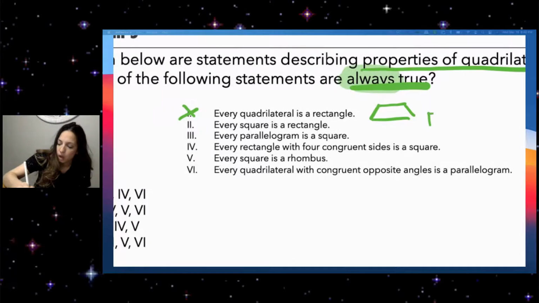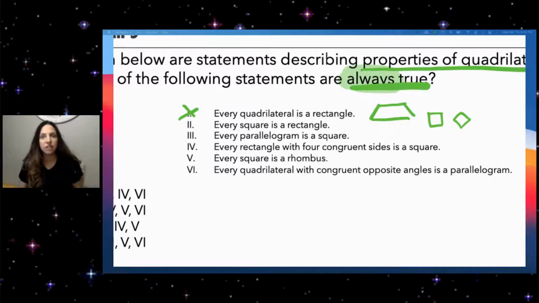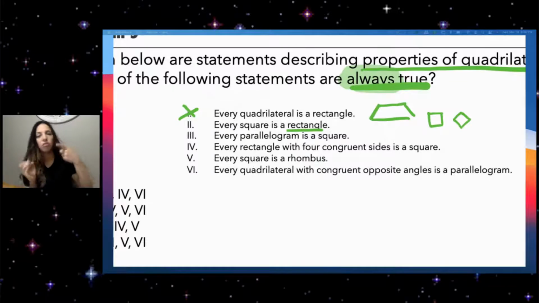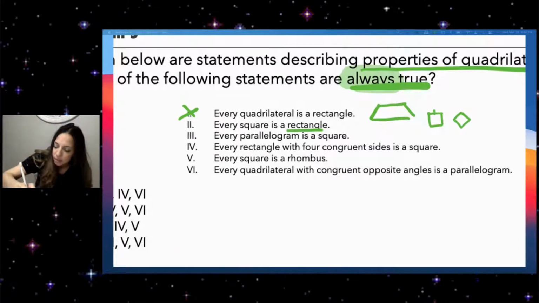So one is out. Number two, every square is a rectangle. So no matter what the square looks like, is it a rectangle? Well, let's think of the definition of a rectangle. A rectangle has to have 90-degree angles, and it has to have two pairs of congruent parallel sides, which just means that this side has to be equal to this side and parallel, and this side has to be equal to this side.